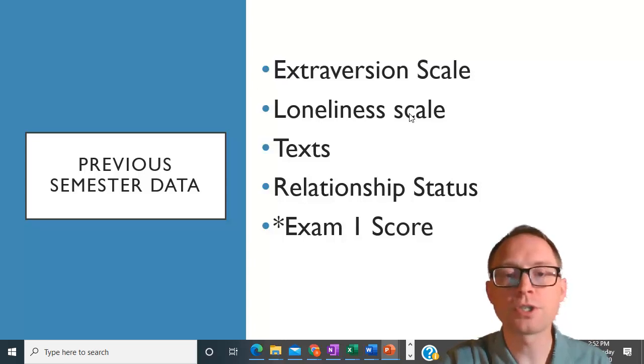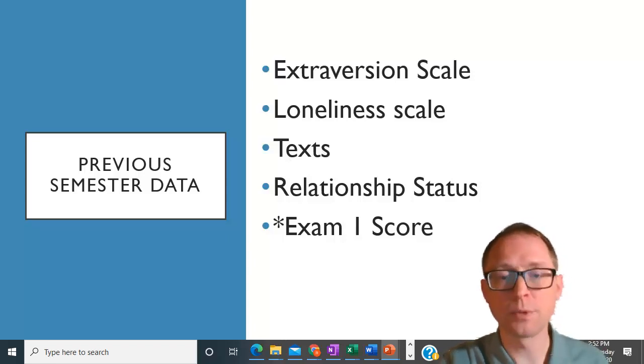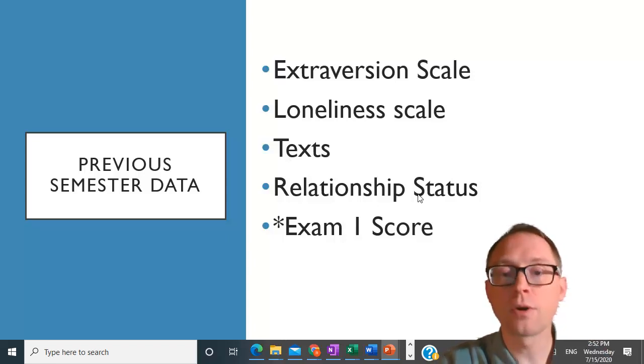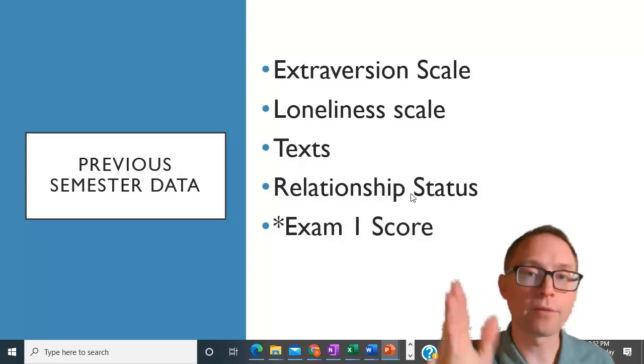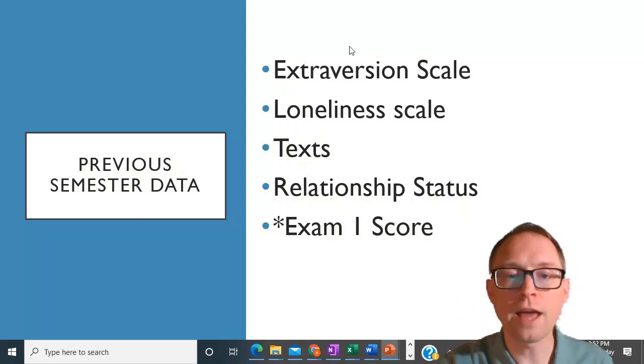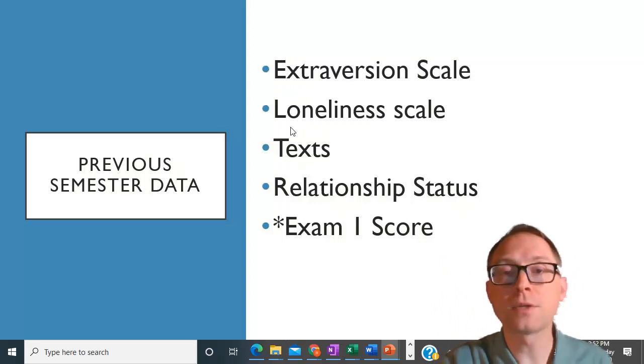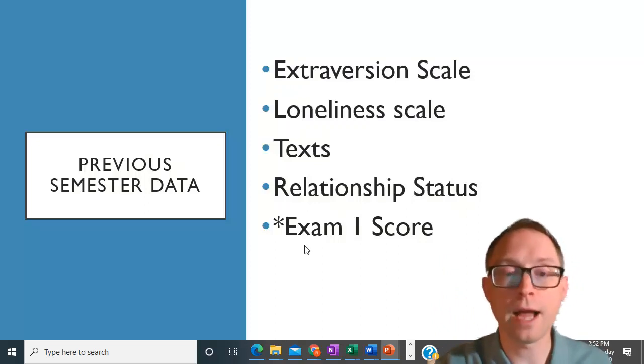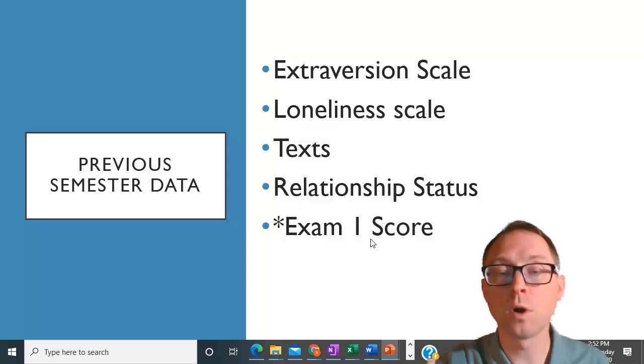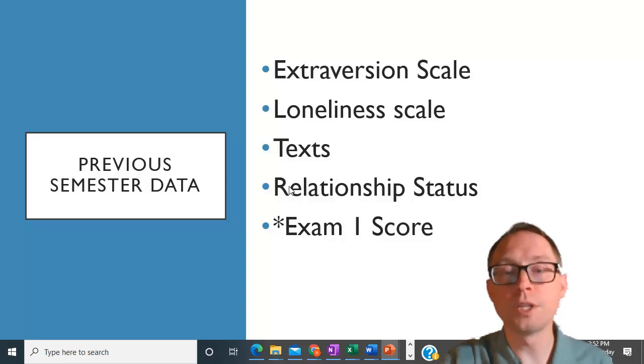They told me how many texts they sent yesterday, within the last 24 hours. Then their relationship status. Now the relationship status was either in a relationship or out of a relationship. I took all of that data and I linked it with their grades for my class, most specifically the exam 1 score.